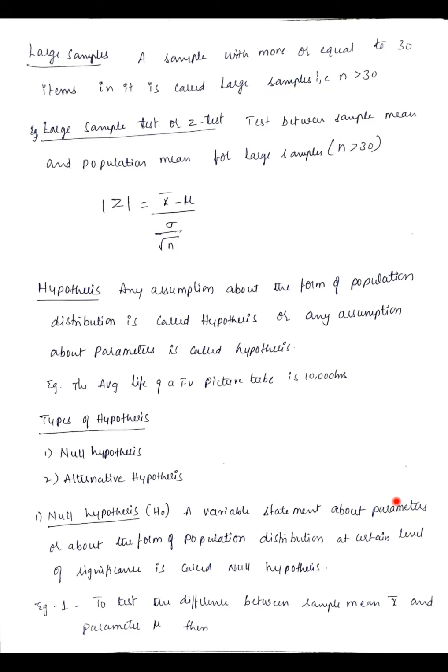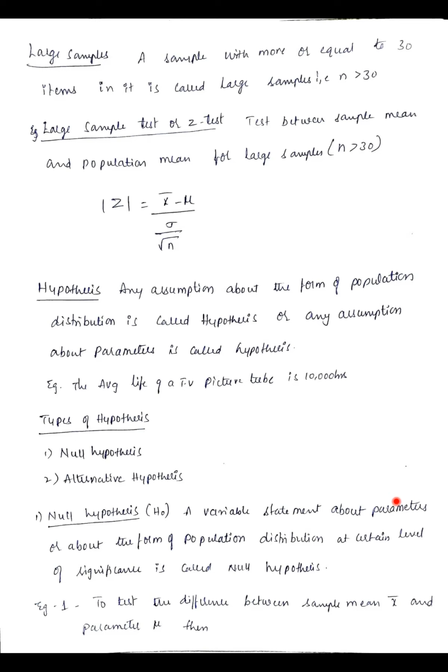Generally there are two types of hypothesis, that is the null hypothesis and the alternative hypothesis. The null hypothesis can be represented as H0. It is a statement about a parameter or about the form of a population distribution at a certain level of significance.